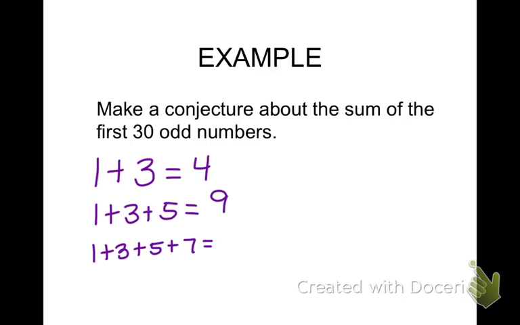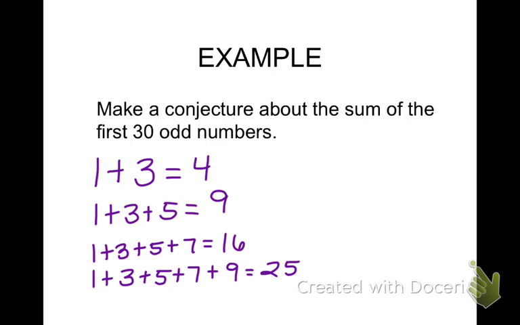What I really like to do is just add 9 plus 7, so 16, good. All right, let's do the next 5. 1 plus 3 plus 5 plus 7 plus 9. 25. Does anybody see a pattern happening with my sums?